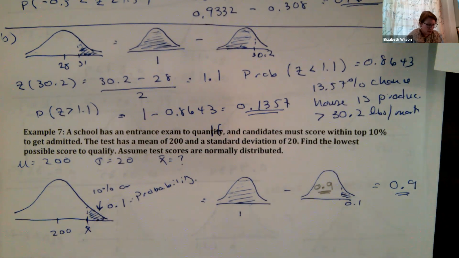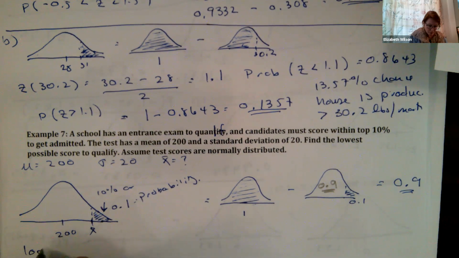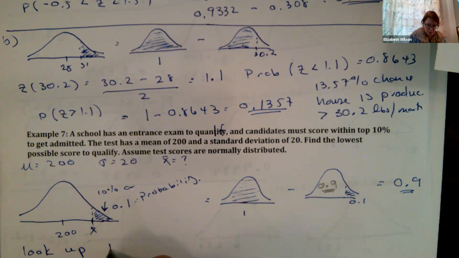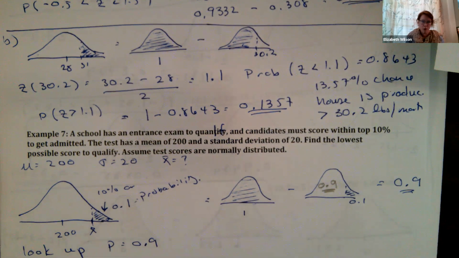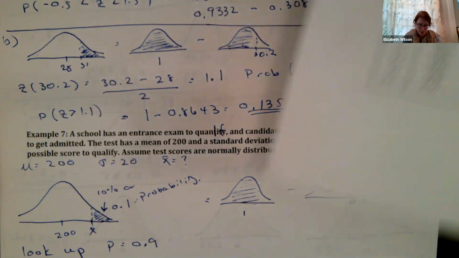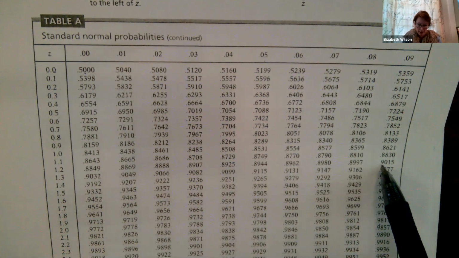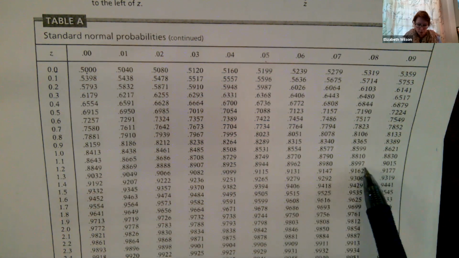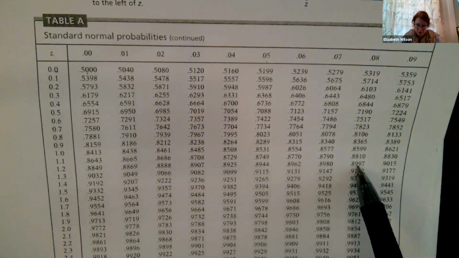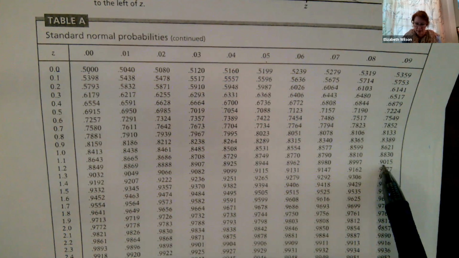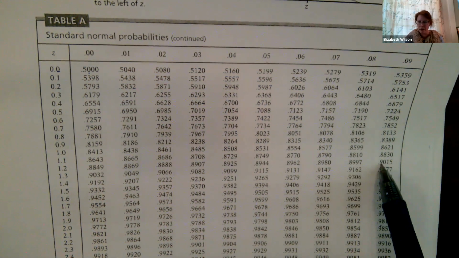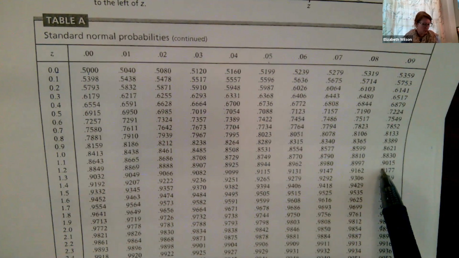So I'm going to look up, this is the probability equals 0.9. What z value corresponds to that? So I look over here on my z table, and I'm looking roughly right around here. You may have to estimate things. So if I go 1.28, I get 0.8997. If I go 1.29, I get 0.9015. You can estimate between those two.